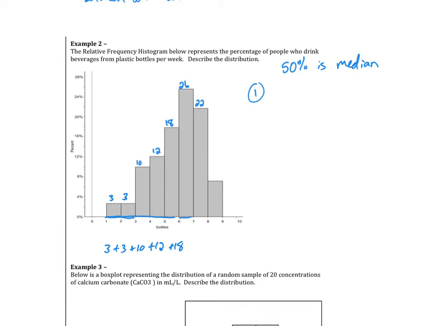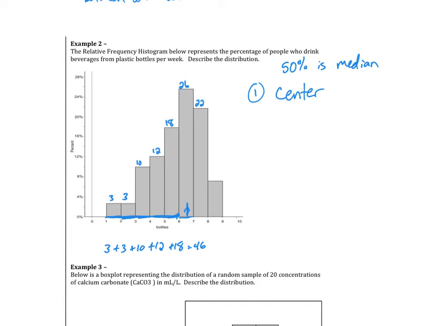That will be 30, 40. This will be 46. So 46 would be all the way up to here. So once you get into this column right here, that's where the 50th percent is going to be. That's where the middle is. So the center is in this column.